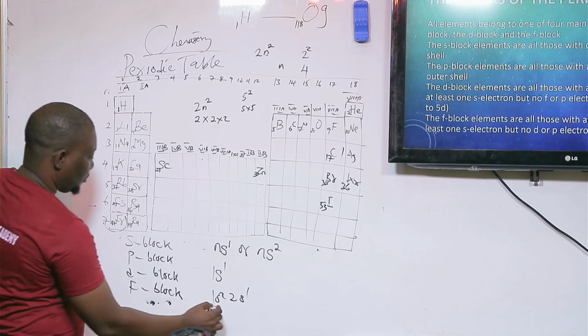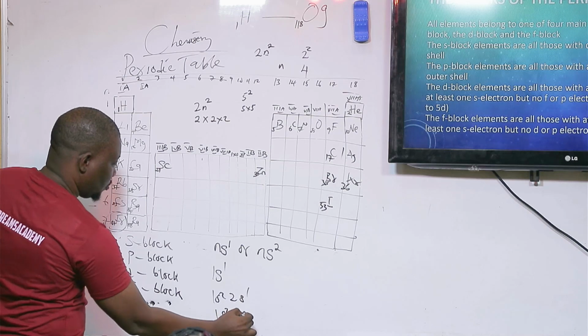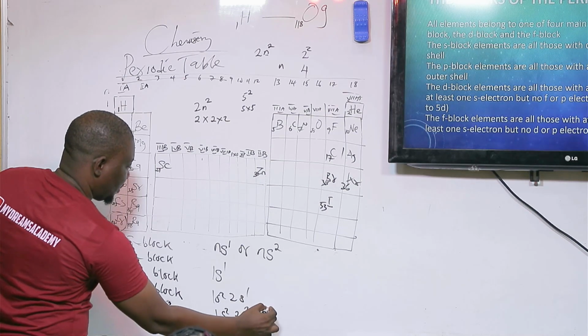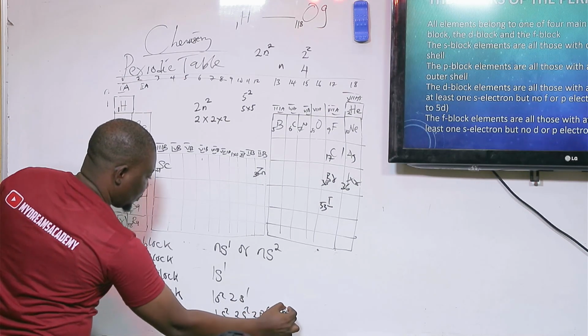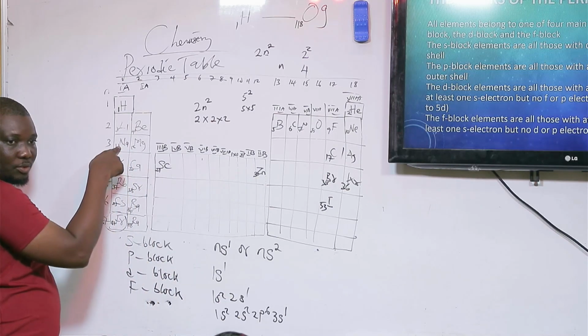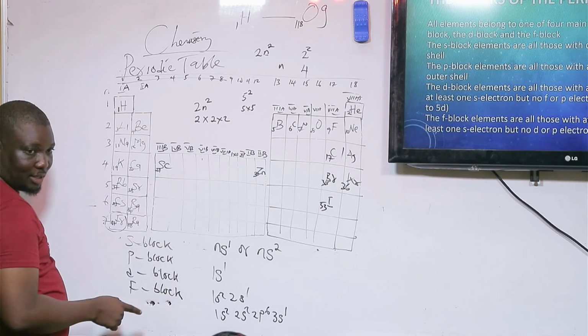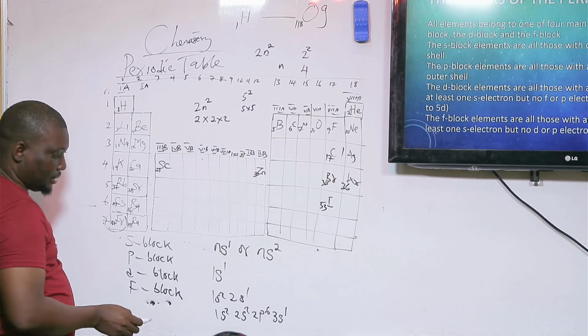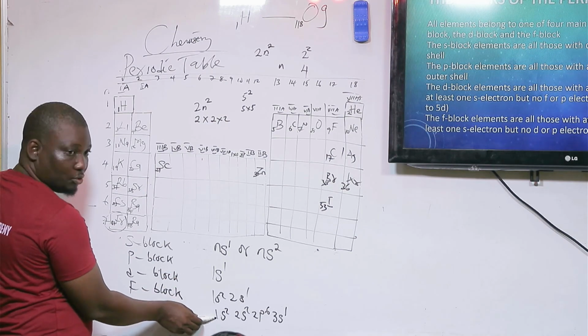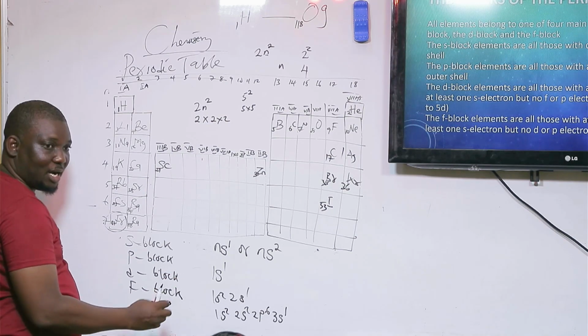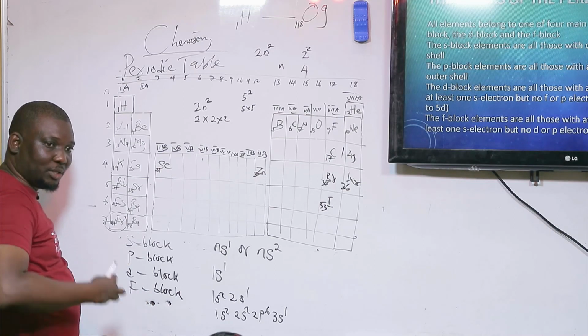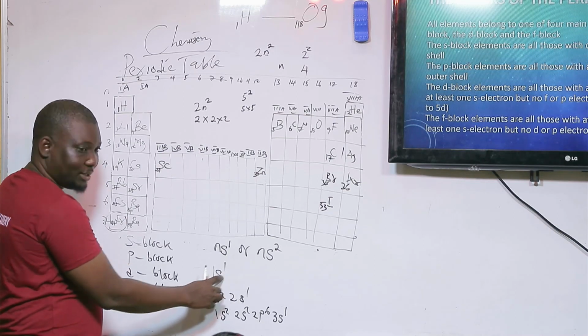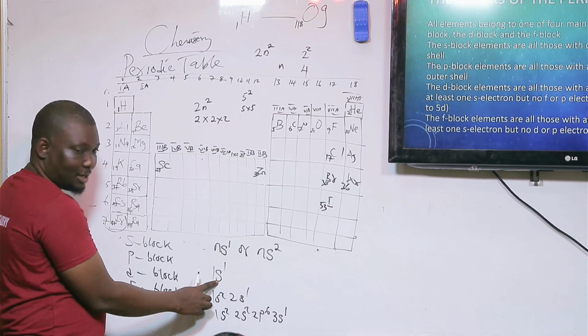It can mean 1s2 2s2 2p6 3s1 as in what? Sodium. If you look at the trend here, you will find out that hydrogen, lithium, and sodium appear to have how many electrons in their last shell? 1. Are you there?